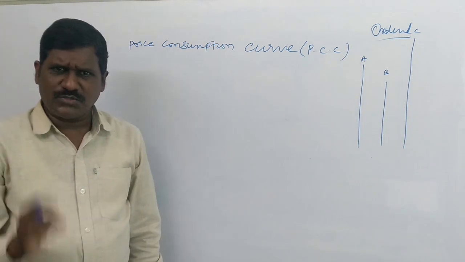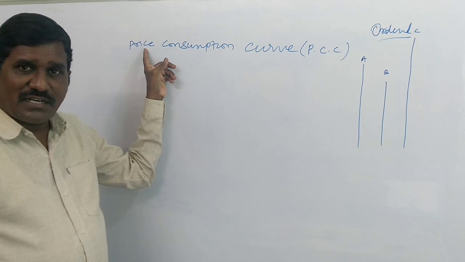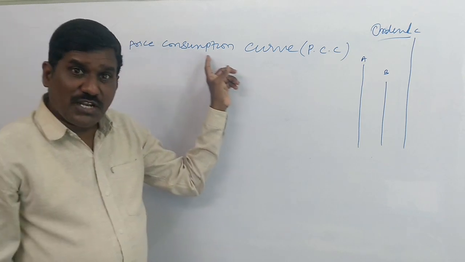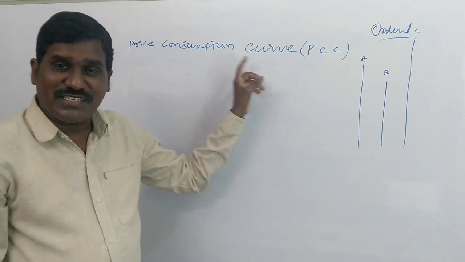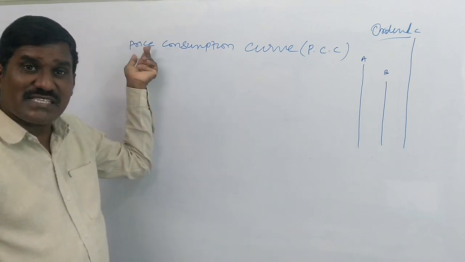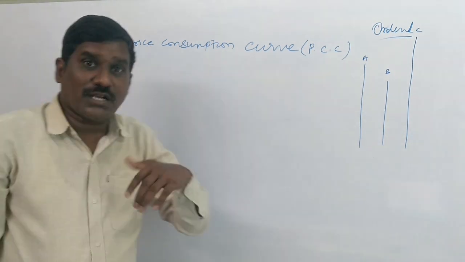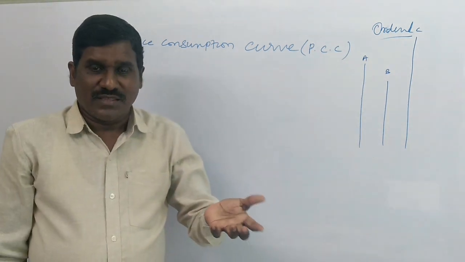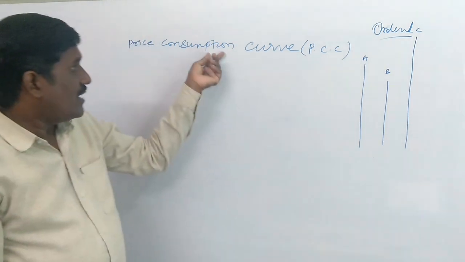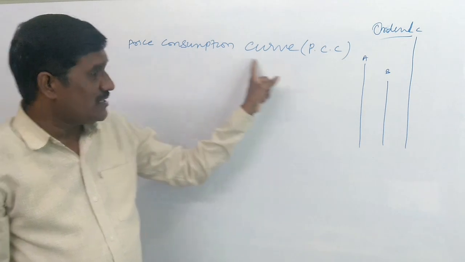What is the price consumption curve? First of all, if there is any change in the price of the commodity, the consumption of the consumer also changes. So consumption depends upon the price of the commodity. When we join all the points, we get the price consumption curve.